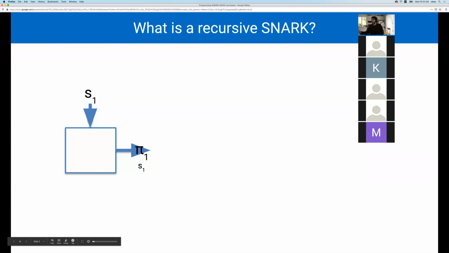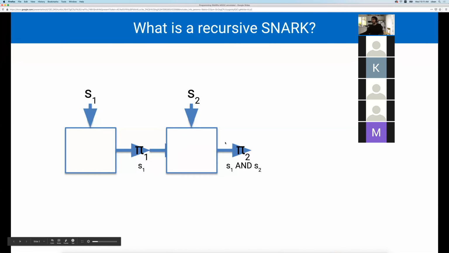So okay, a really simple example is, let's say you have a snark, and you have some statement, and you produce a proof pi1 of that statement. And then sometime later, another statement comes along, S2, and you would like to produce a proof of the conjunction of S1 with S2 without having to, say, reprove S1. So recursive snarks, for example, would make it possible to do that.